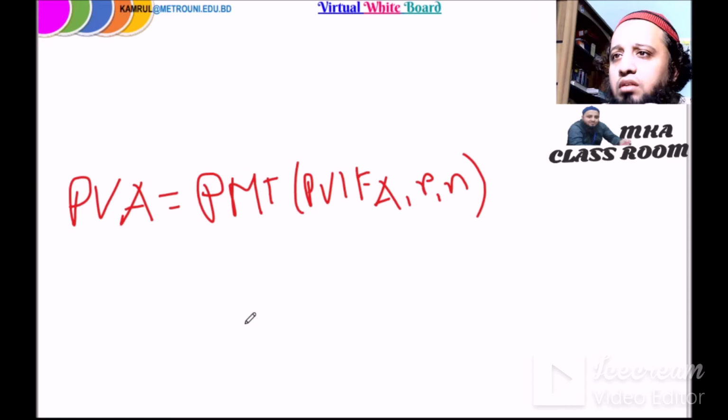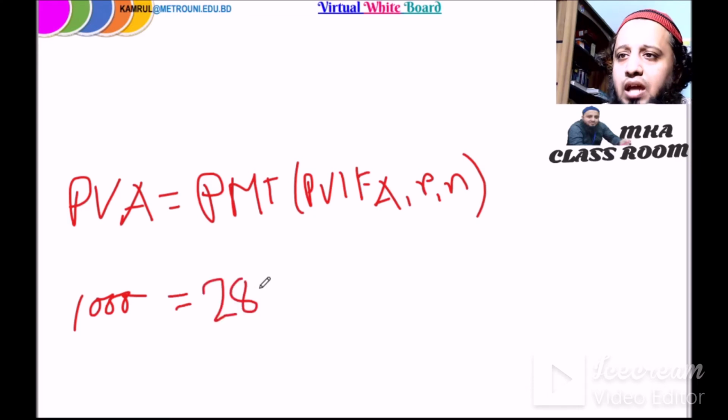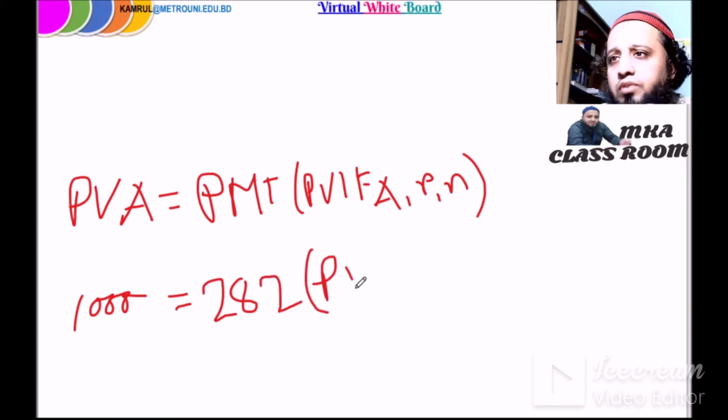PVA, that should be 1000, your payment is 282, and our formula PVIFA, present value interest factor annuity.